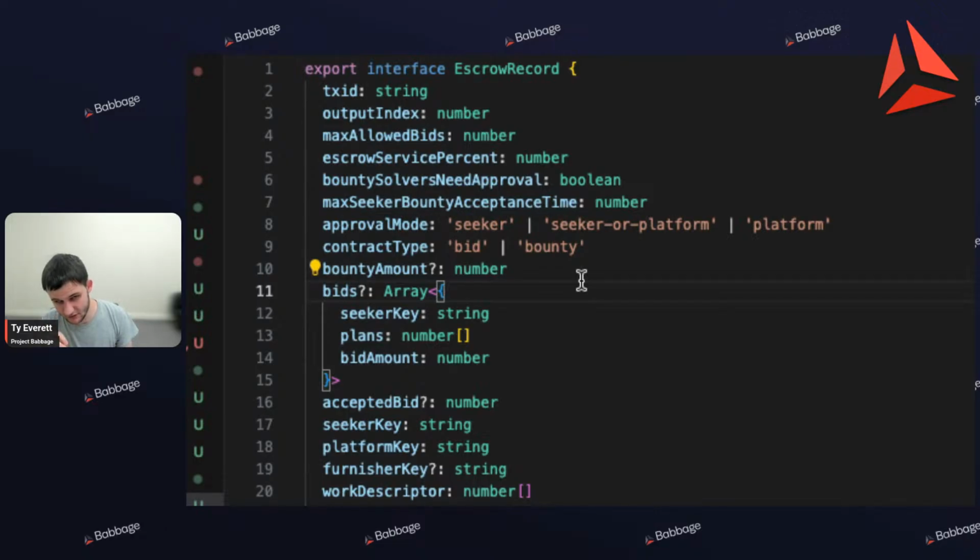But if the solution is not acceptable to the provider, the seeker rather, and if the platform sides with the seeker in that case, then the money that they put in is lost. It goes back to the contract, and the contract goes back to an unfulfilled state.